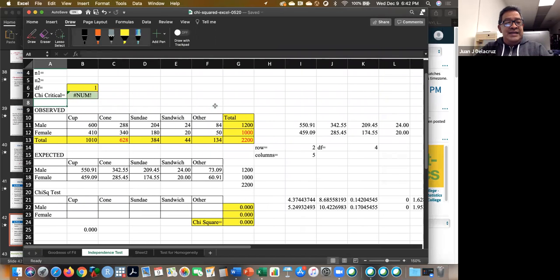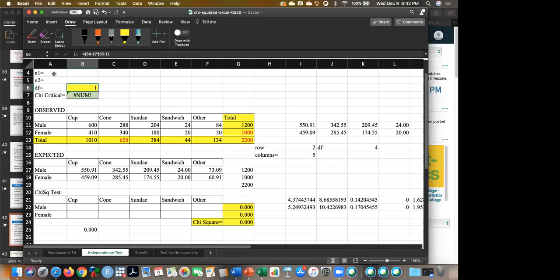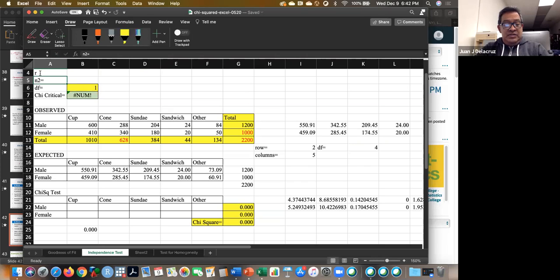In this case, I built a formula here. I just need to know that my first argument should be the rows, and the second should be the columns. So if we have 2 rows and 5 columns, we should have a 4, right?